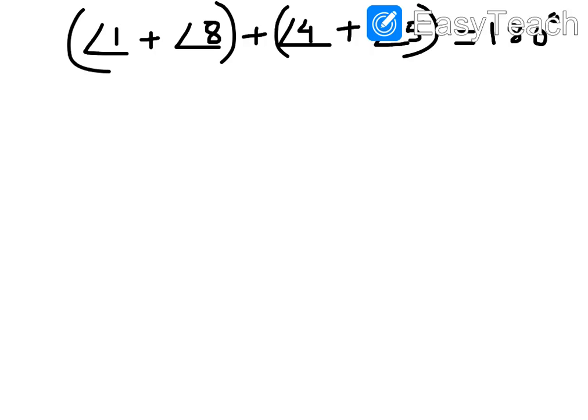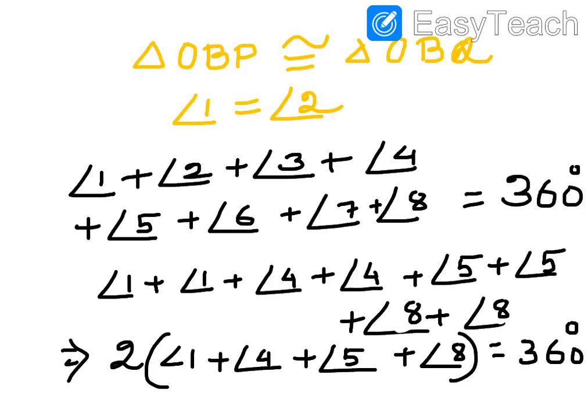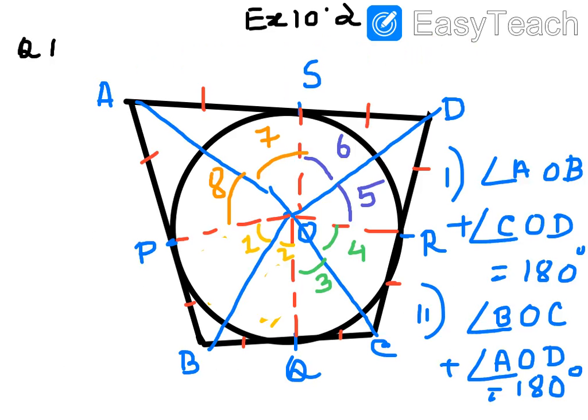Now look at the picture. Angle 1 plus angle 8 is angle AOB, and angle 4 plus angle 5 is angle COD.